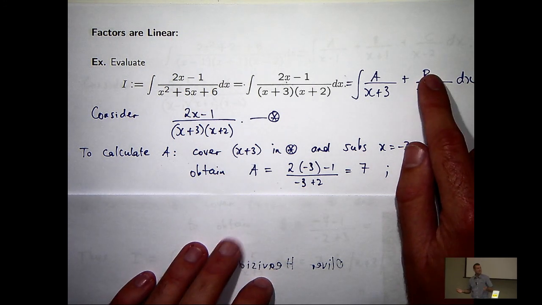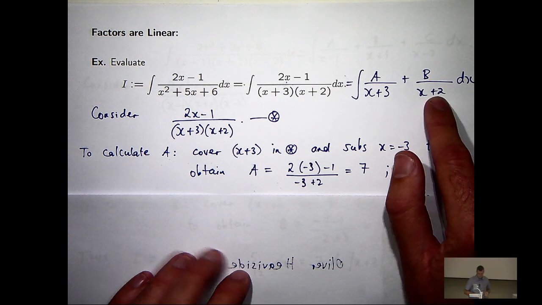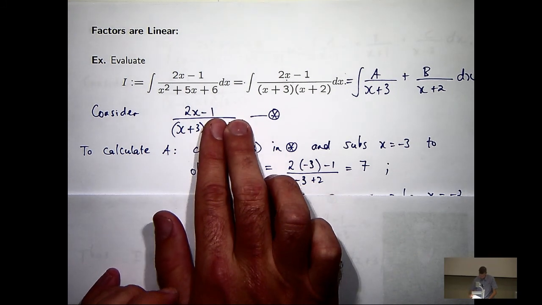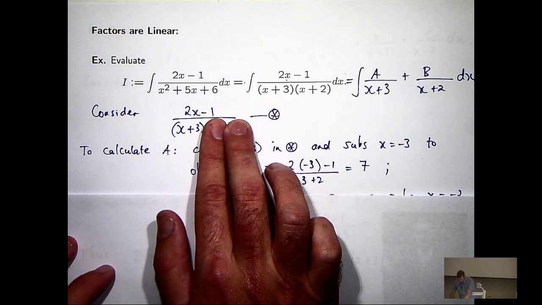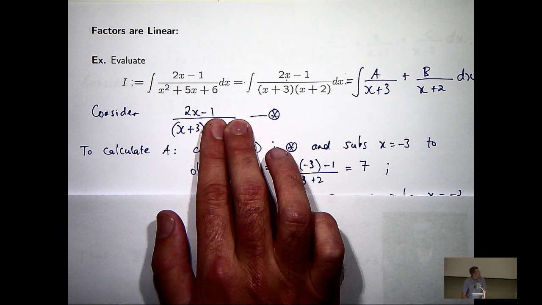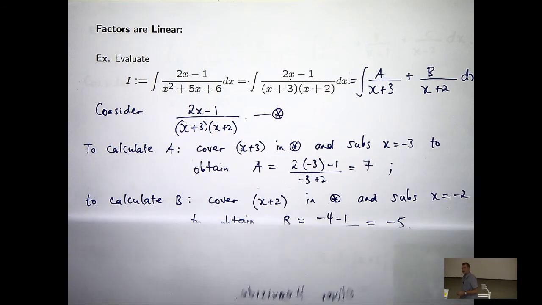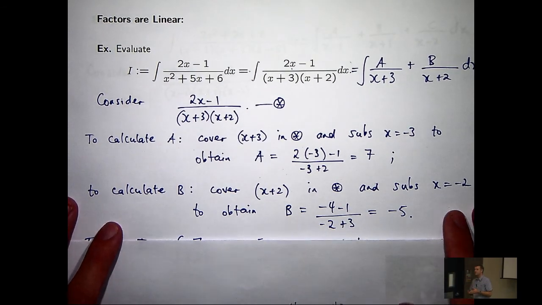So to calculate B, I see B lies above x plus 2. Go back here, cover up the bracket containing x plus 2, and substitute in x equals minus 2. That'll give you B equals minus 5.